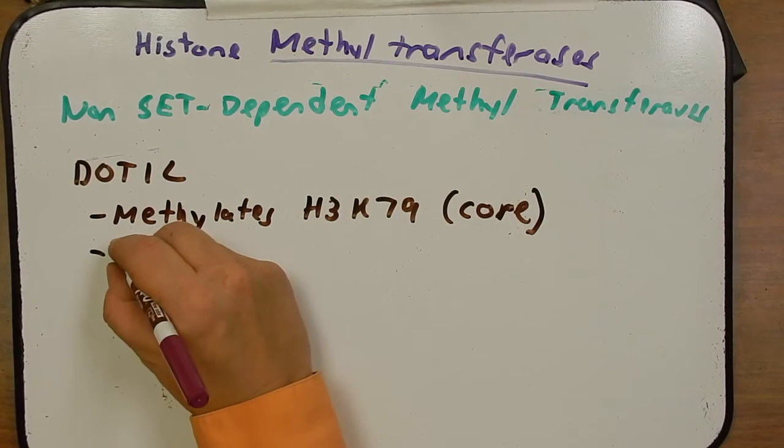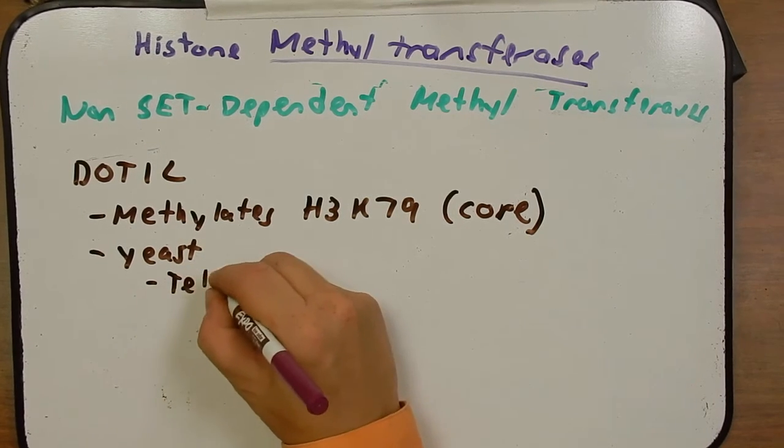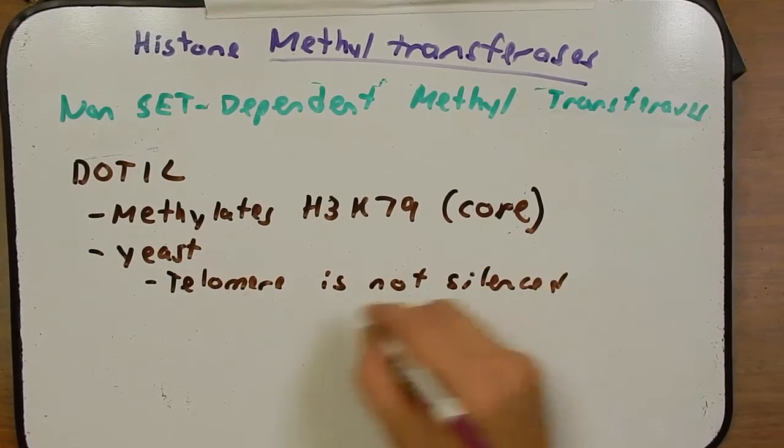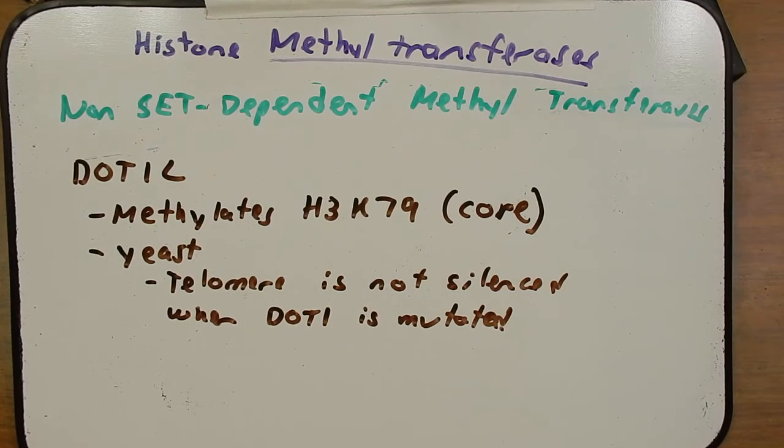It was first discovered in yeast, and one of the few things that yeast epigenetically regulates is the telomere. And so usually the telomere is silenced, but in mutations of DOT1L, the telomere is not silenced. Now, like the other enzymes that we've talked about, it also has these two binding sites.